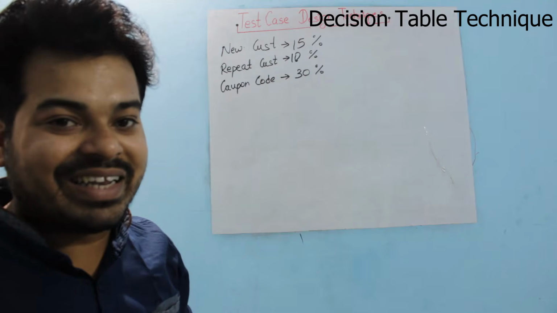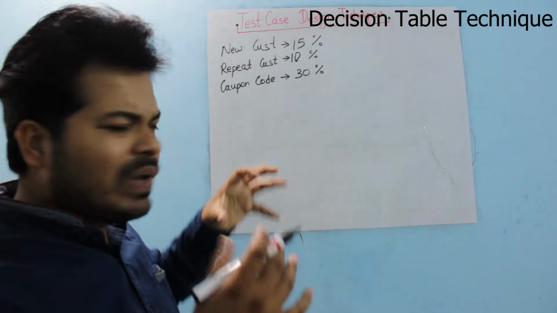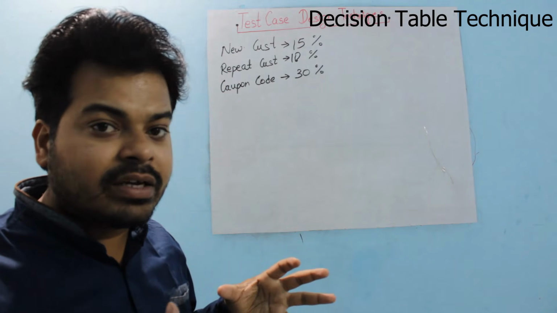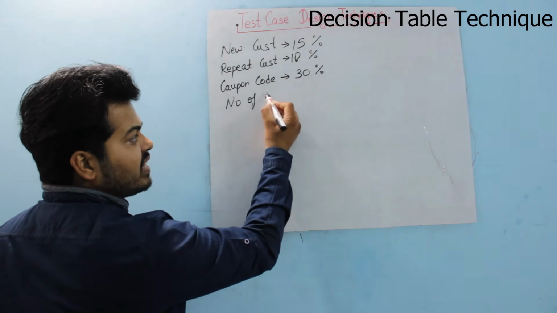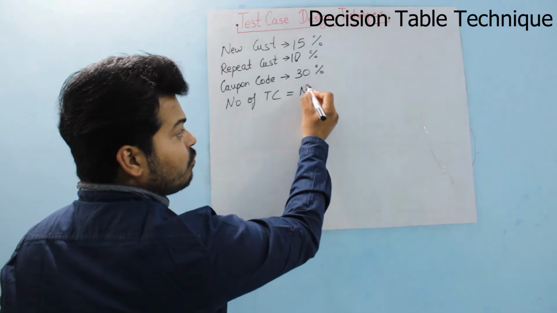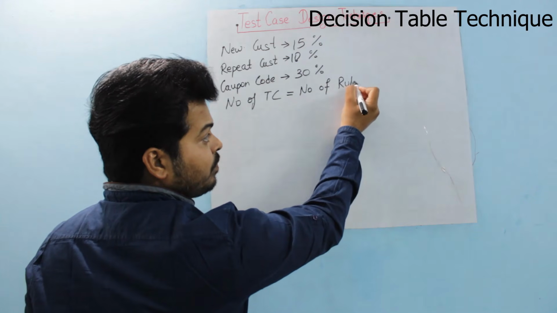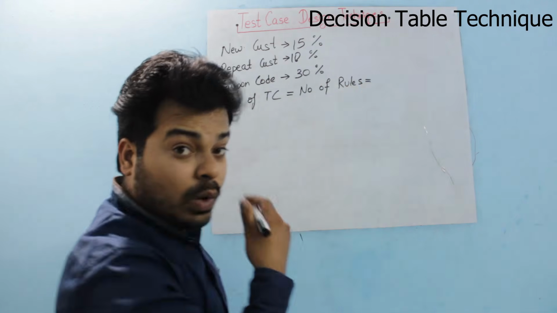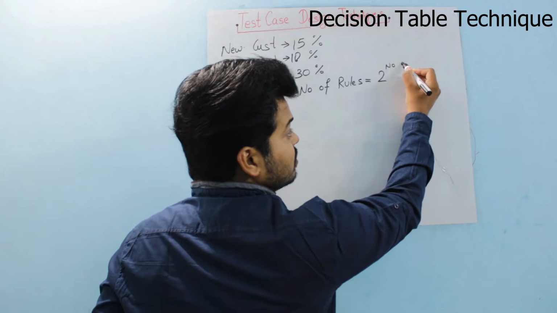Since these 3 are your conditions, in the case of the decision table technique, your number of test cases will be equal to the number of rules, which will be equal to 2 to the power of the number of conditions.